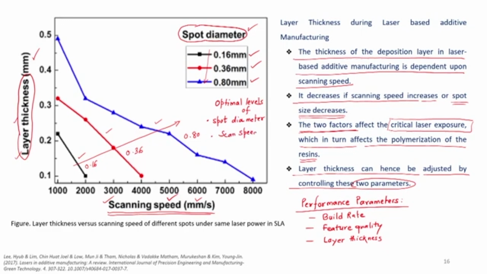So, the problem is very interesting. Find out the spot diameter and scan speed for required layer thickness. So, for this purpose you have to carry out lot of experiments, you have to plan them systematically, execute the experiments systematically, and then you can easily find out these optimal levels.